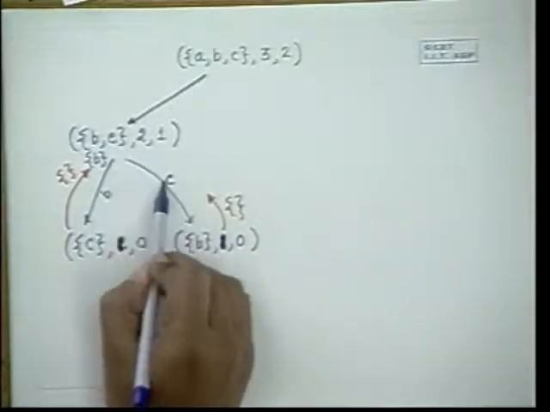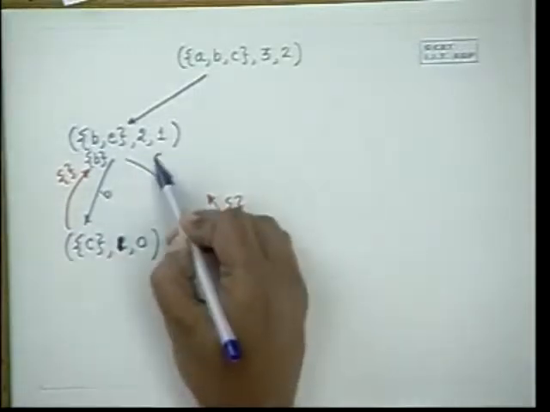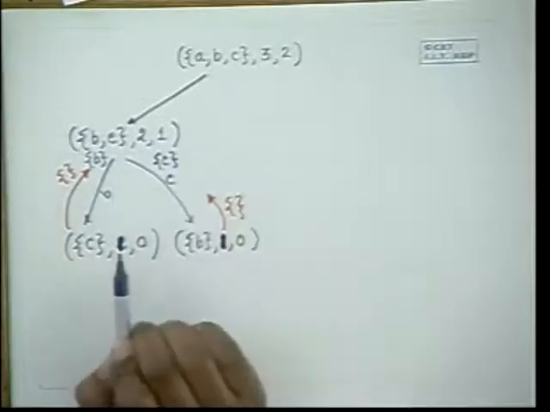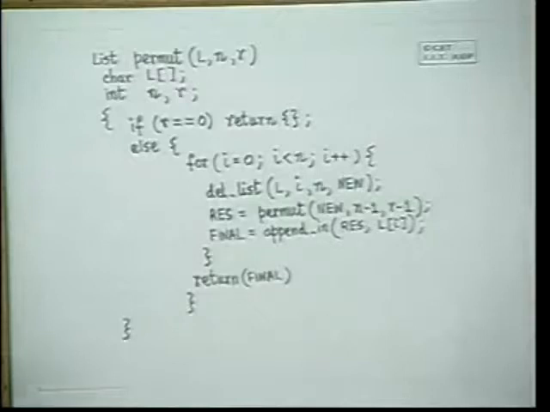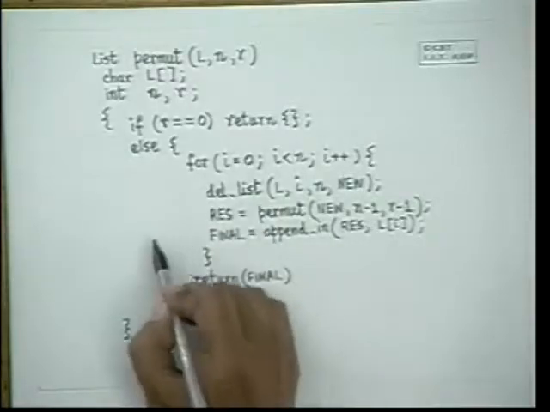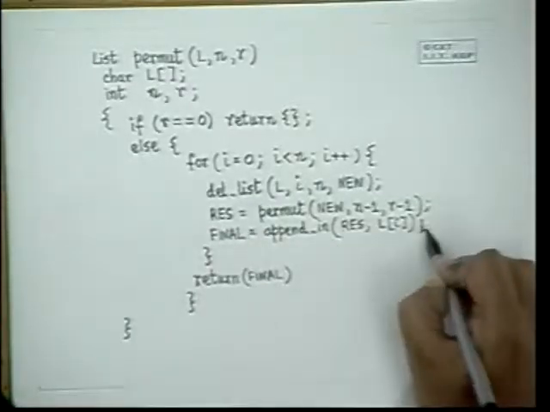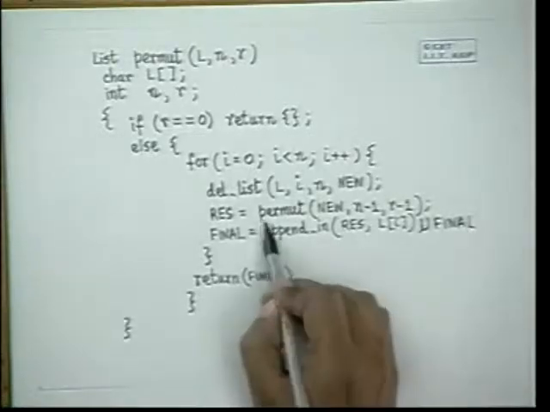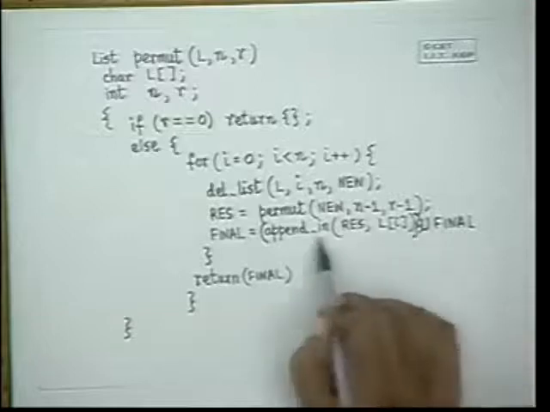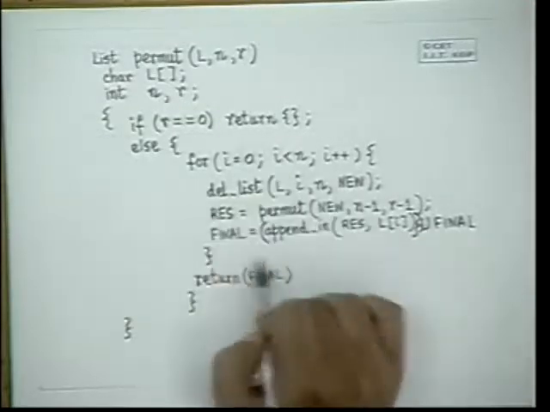This will append C to this null to produce C. And here it is not actually the return of final, it is whatever you get here, you will append it to final in the loop.